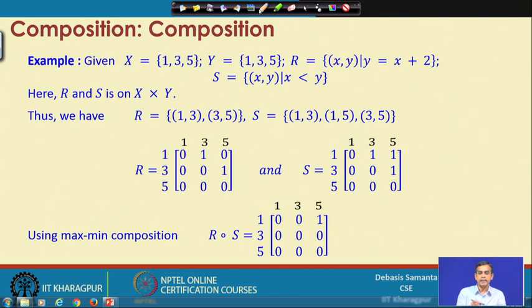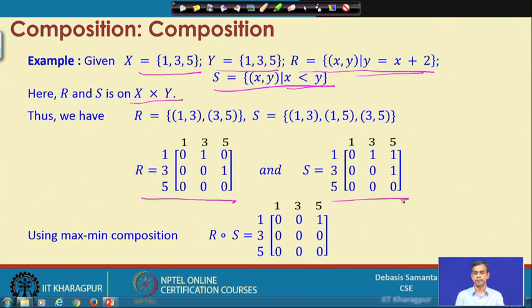So, suppose X is one universe of discourse, Y is another, and the relation R(x, y) is defined over X and Y, and S is also another relation defined over the same universes X and Y. This is the relation that is there in R, and this is the relation that is there in S. Now, based on these, we can easily obtain the Cartesian product, and then applying this relation we can obtain this matrix and this matrix.